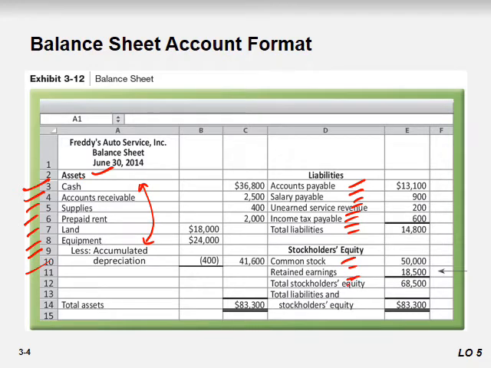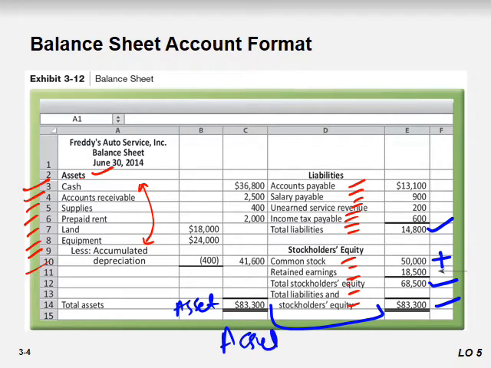And then we start from stockholder equity, right? So total liabilities here plus the total stockholder equity, you add it, the answer is 83,300, which is exactly equal to assets, right?